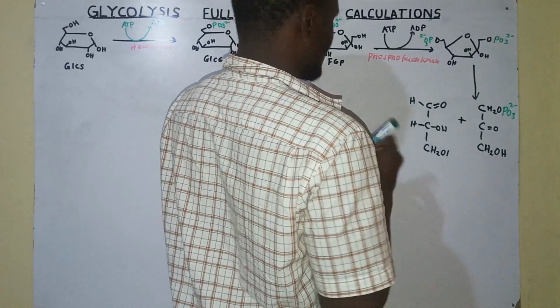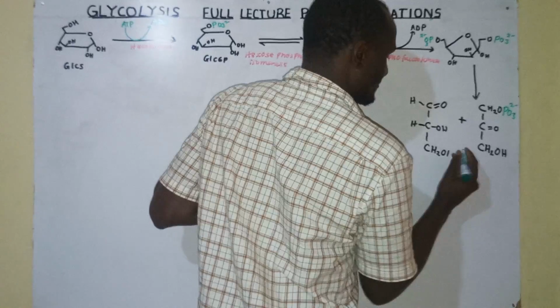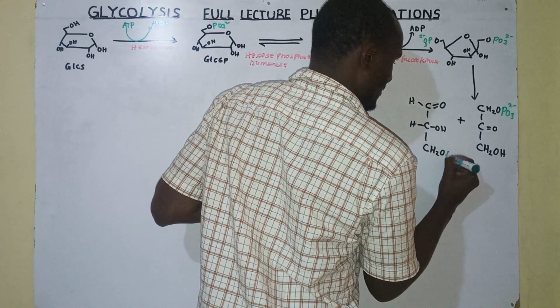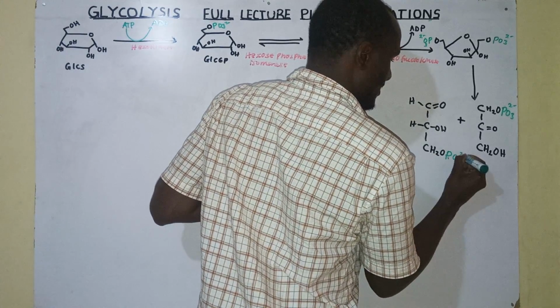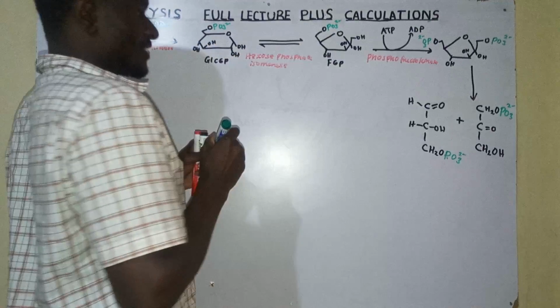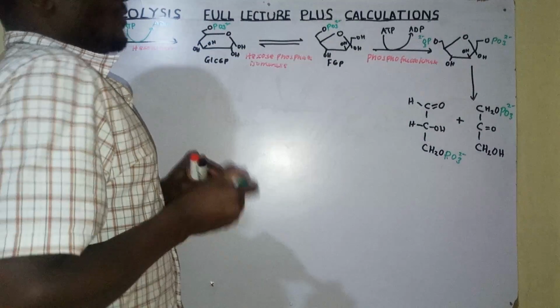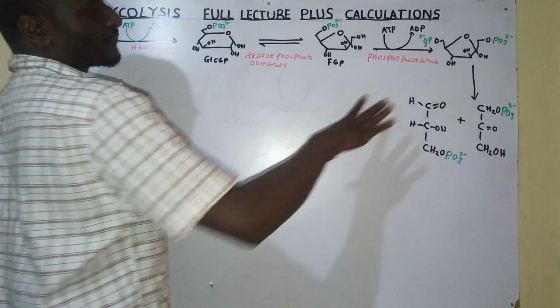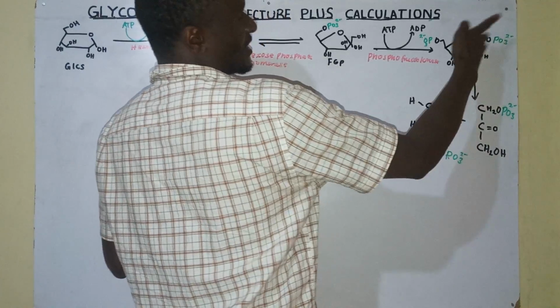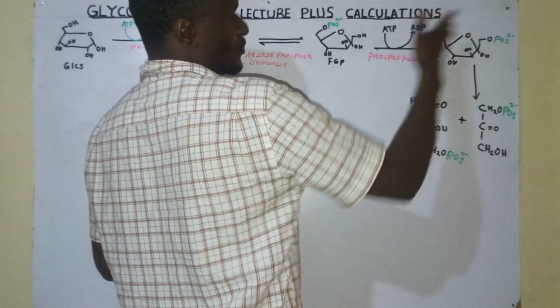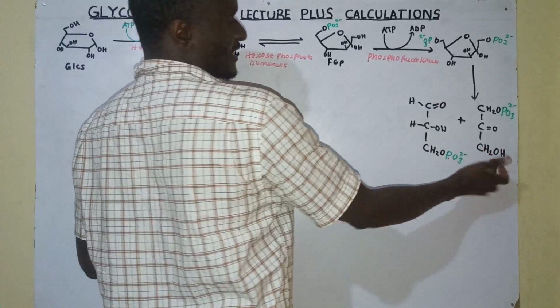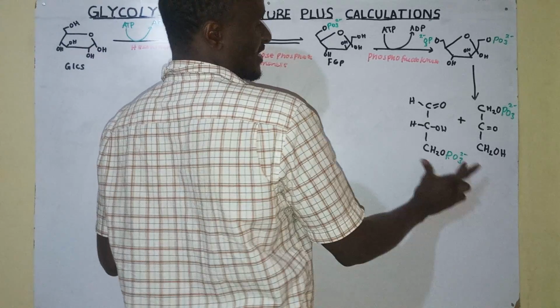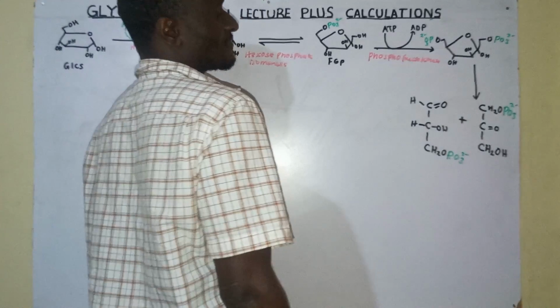I wanted to indicate phosphate groups with a different color so that you realize the movement of these molecules. So our fructose 1,6-bisphosphate is split into 2 equal molecules. One is dihydroxyacetone phosphate and another one is glyceraldehyde 3-phosphate.